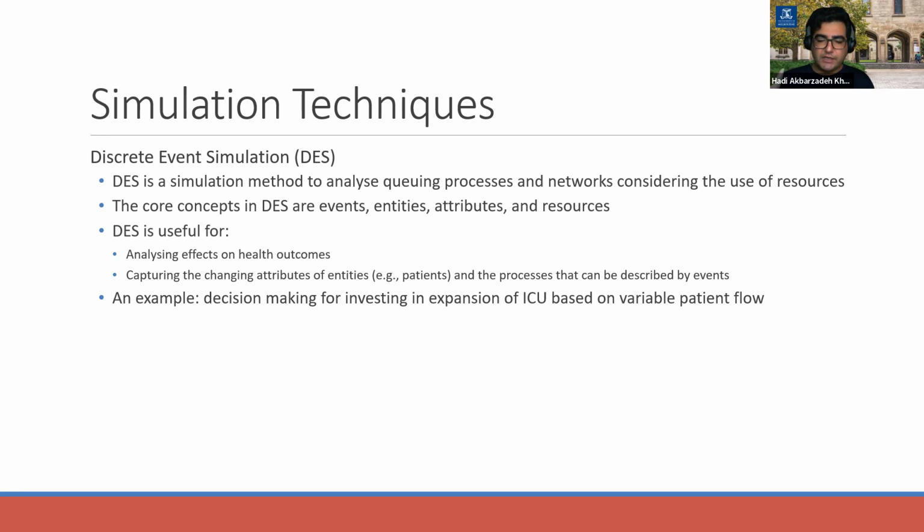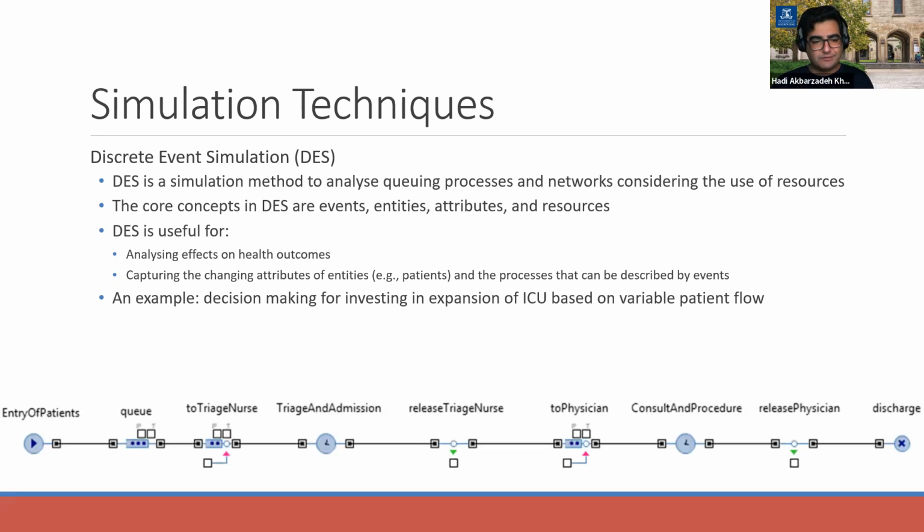So you try to find or simulate the patient flow in a system, and then finding out if you expand the ICU, it would help to again respond to increasing demand, which results in a higher patient flow or not. So one simple example of how a DES system works or can be modeled is like this.